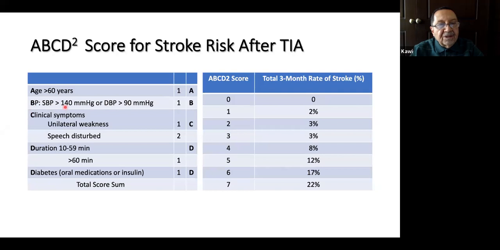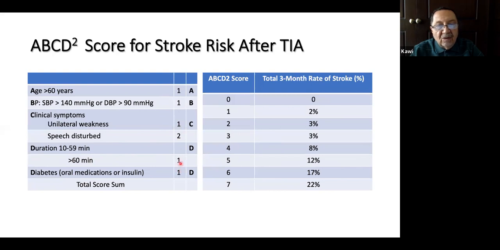If the blood pressure systolic is over 140 or the diastolic of over 90, we give it 1. If the clinical symptom is just unilateral weakness, we give it 1. If it is speech disturbance, we give it 2. Duration over 60 minutes, we give 1. And diabetes, we give it 1.